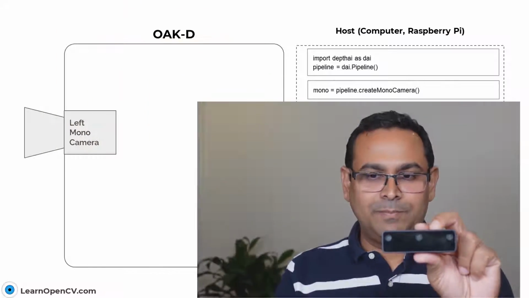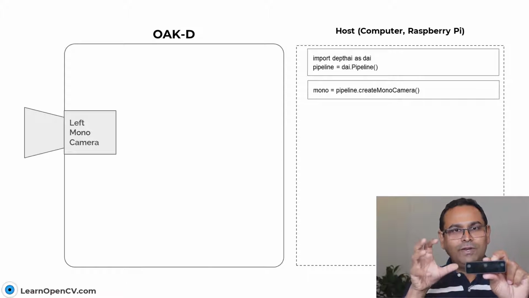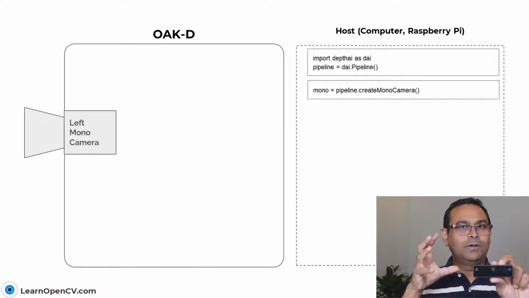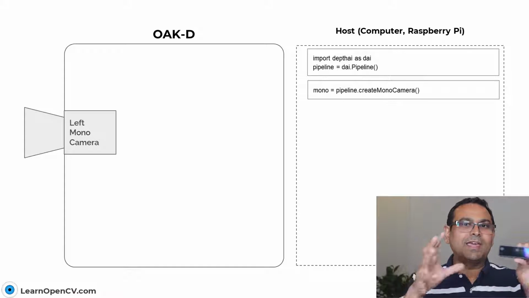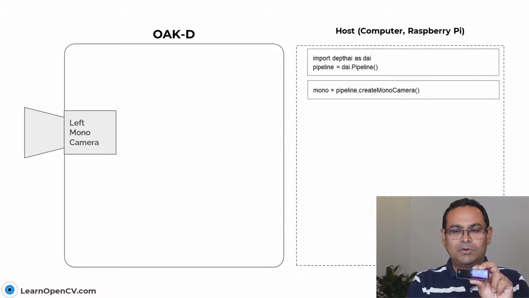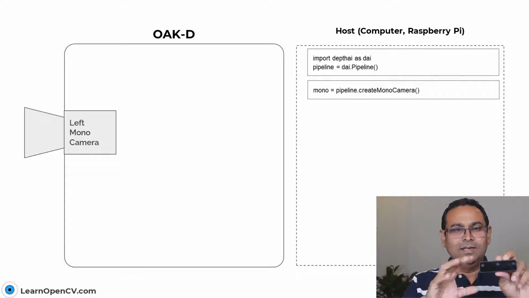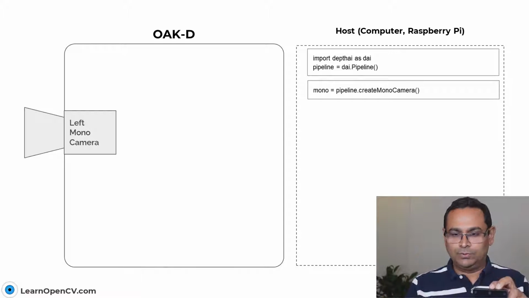In particular, let's start with just the left camera. So we have created a node for the mono camera, and you can see that inside this OAK-D, we have now just recognized that there is a mono camera. We have not connected it to anything. We have just created a node.